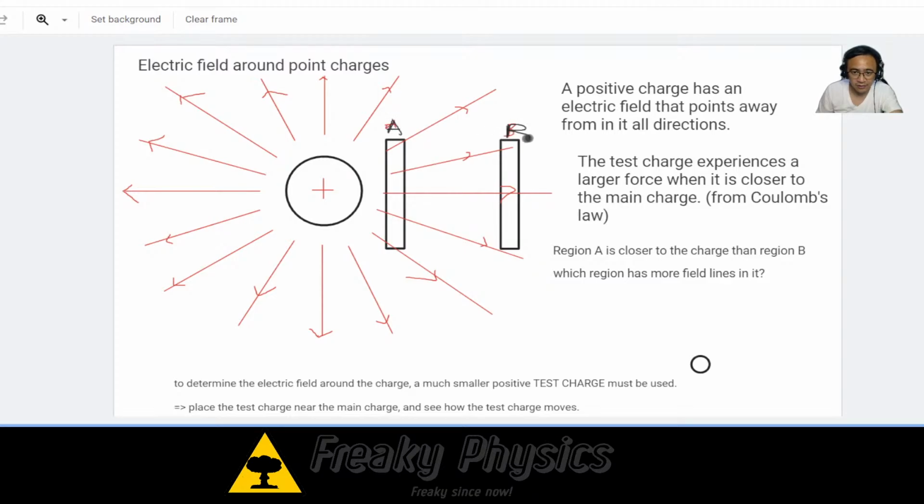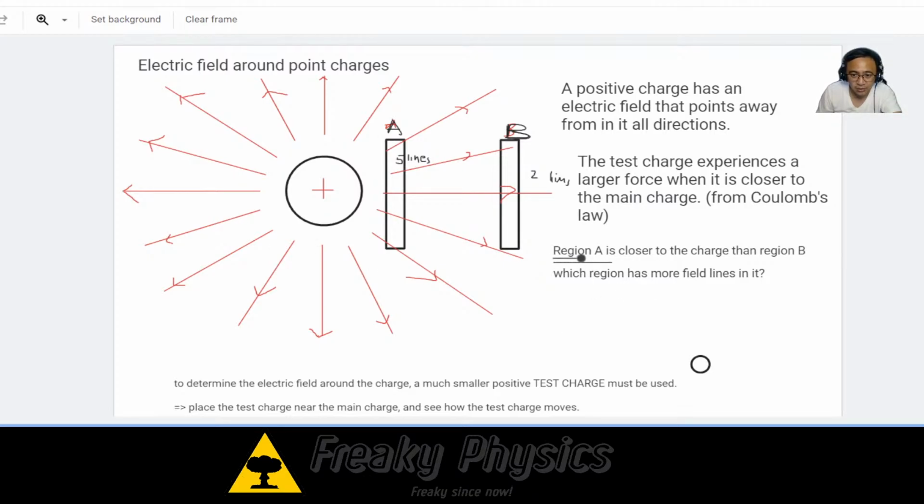Okay, if you look at this carefully, this has 1, 2, 3, 4, 5 lines in, right? 5 lines inside. This only has 1, 2 lines inside, right? Okay. So, in this case, the answer is region A.